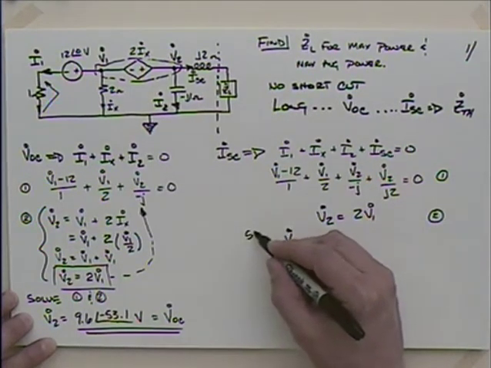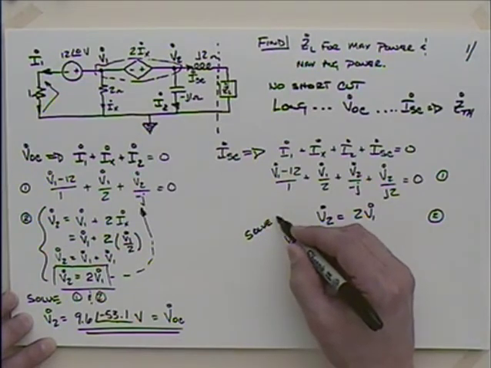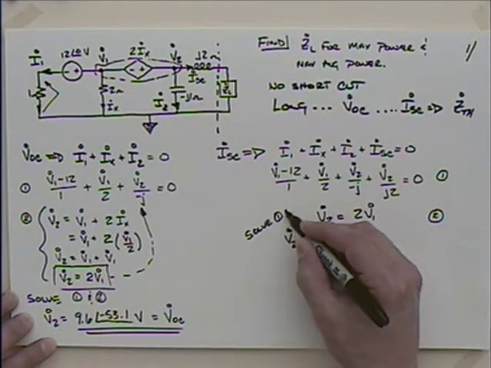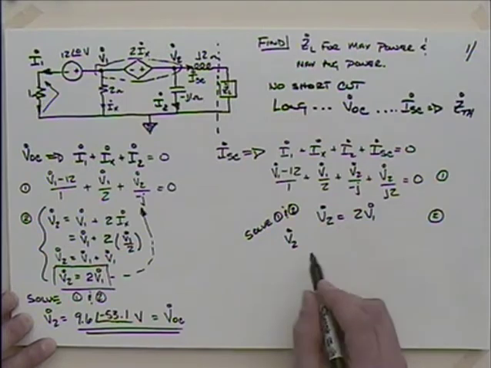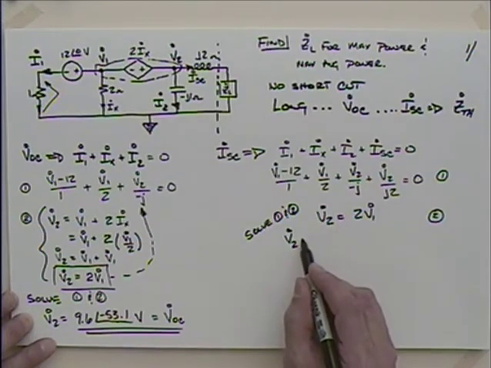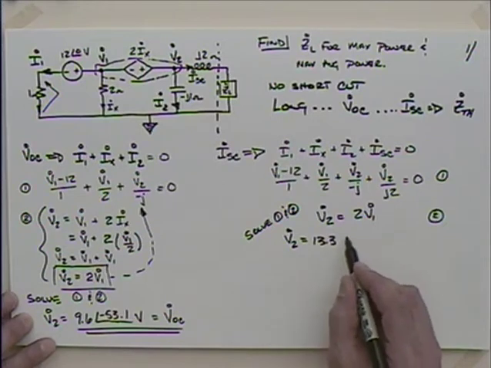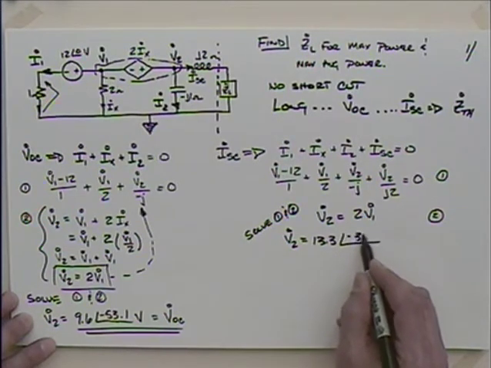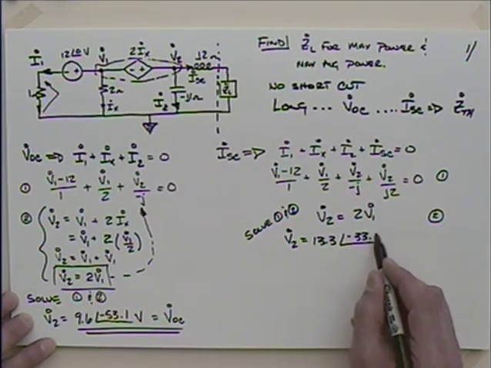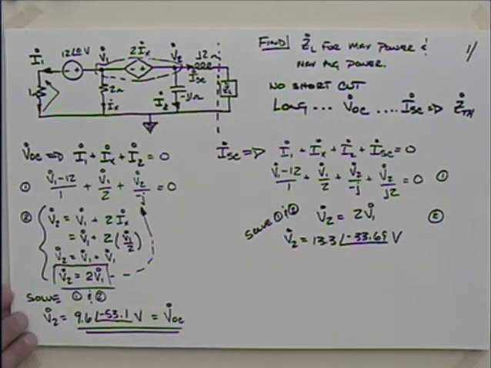So solve 1 and 2. So solving 1 and 2, I come up with V2 is equal to 13.3 at an angle of minus 33.69, and that's volts. And why do I want that?